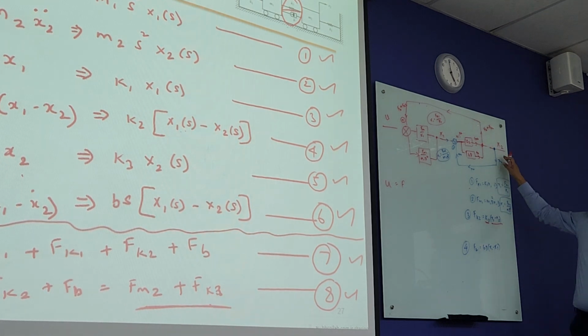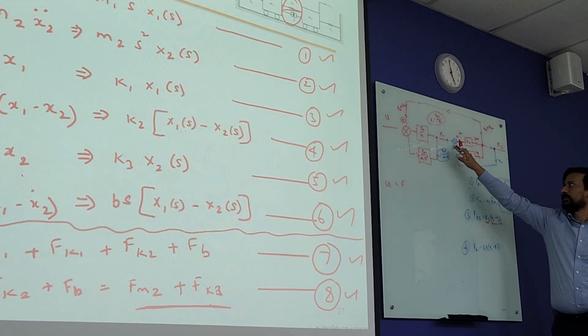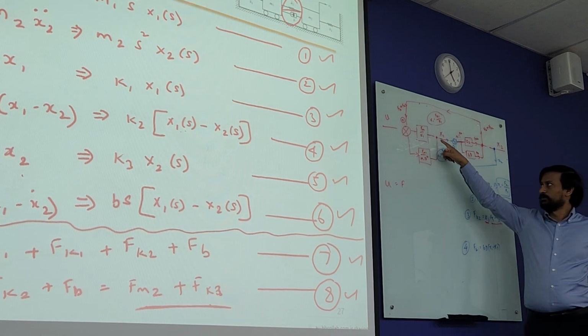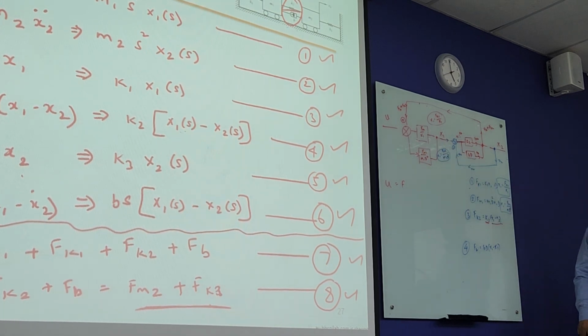So far, x2 is coming in, so that I have x1. I try to make it simple this way. This one I cannot change because x1 is there, and I need to get x1 as output. Now if you put this one, they all join together.